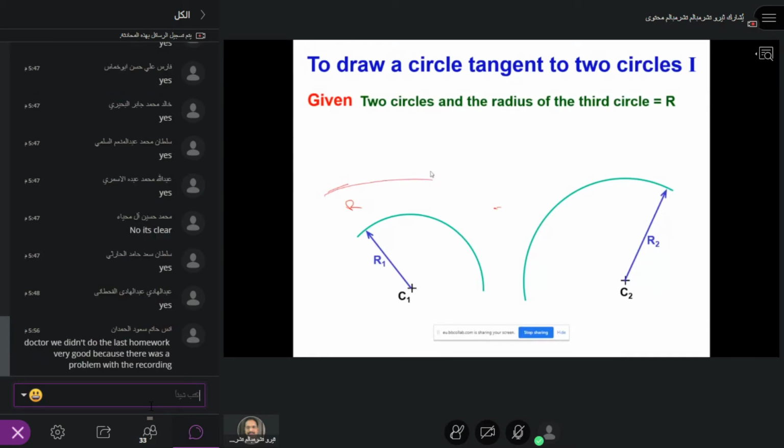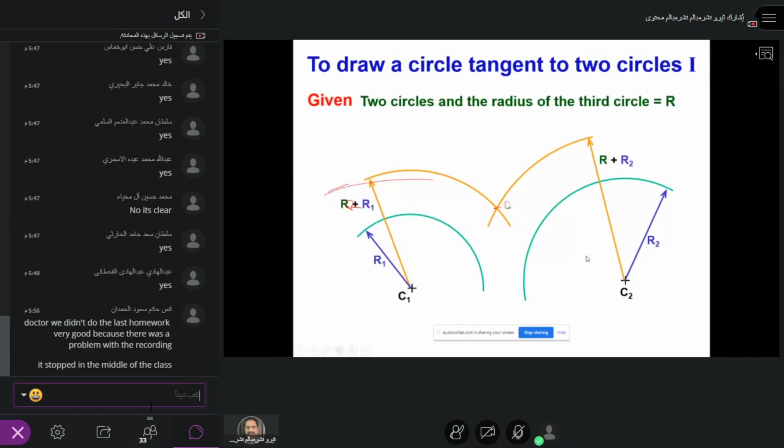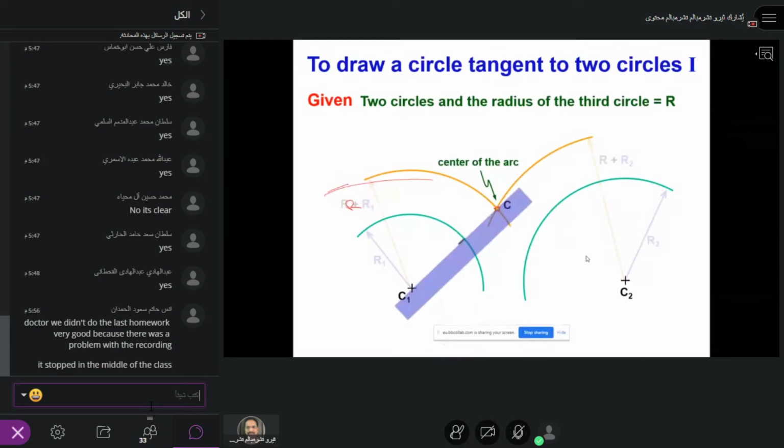That is the next point. Very similarly, r plus r2 will meet at a point here. That is the center, and then you have to draw the tangent by using a scale or a tri-square. No problem. And then the third step is easier. Just draw it, and you got it.